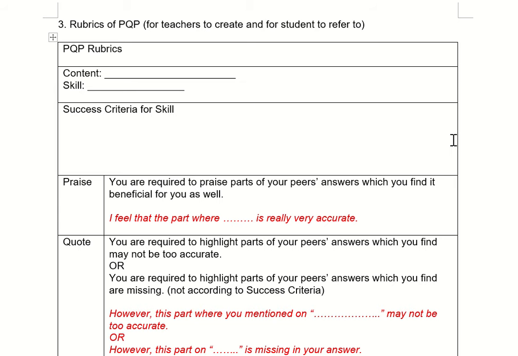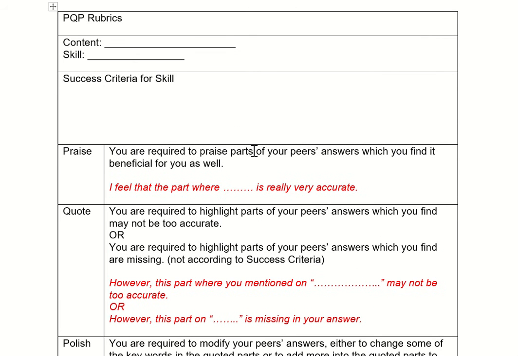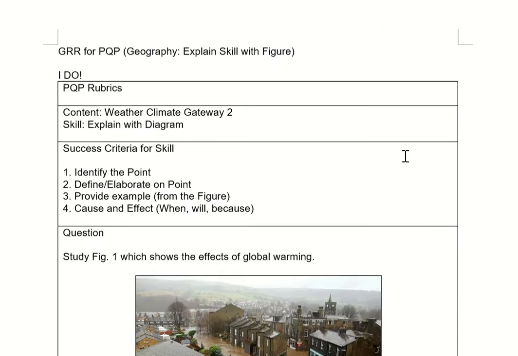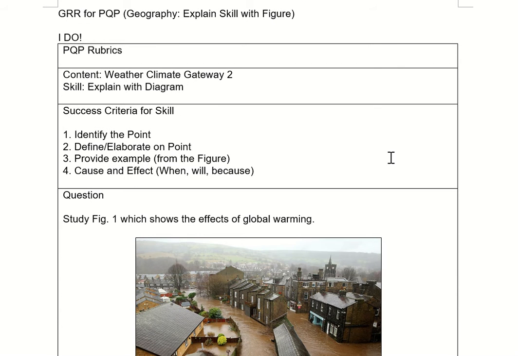This is just a rubric formatting that I provided. If you scroll down all the way, the GRR comes in. This document I will send to your icon later so that you can do a GRR PQP for history skill. I do not know whether you are doing inference or message or purpose. So you may want to do an I do, we do, you do GRR for history as well.